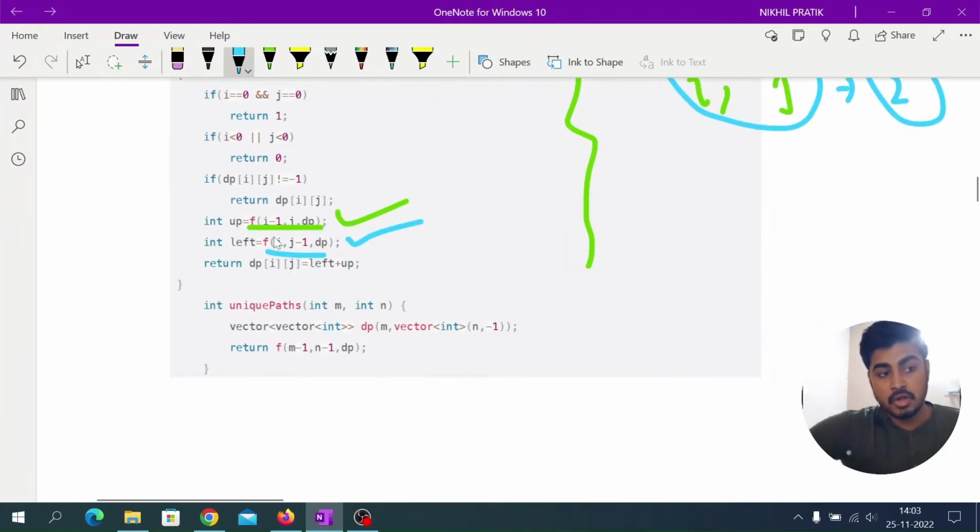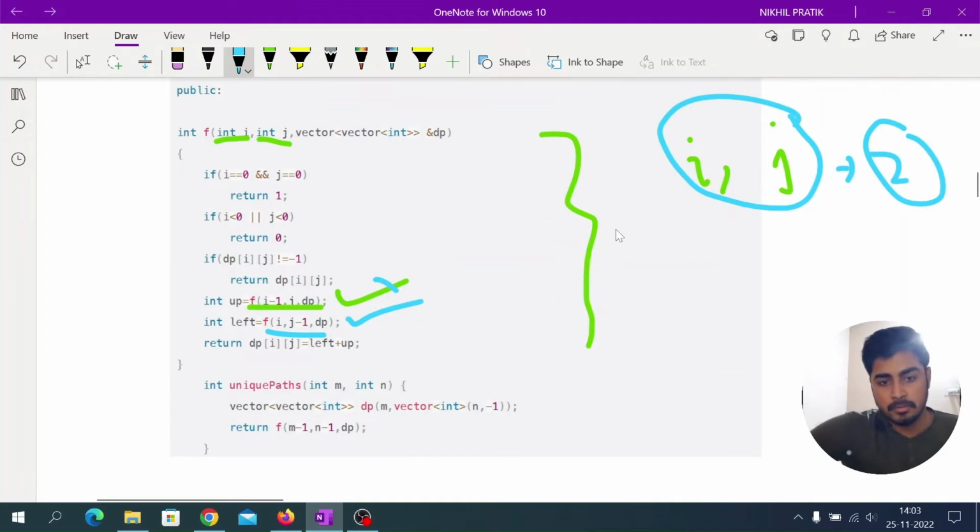It is not mandatory that one function will have both i minus 1 as well as j minus 1. We can have one call as i minus 1 with j not changing, and another with i and j minus 1. We don't need both of them in the same function.